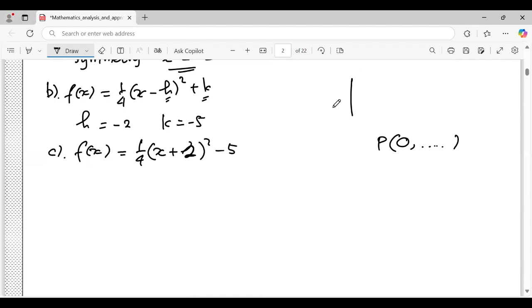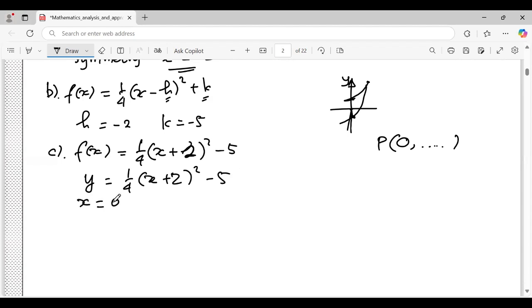This is the intercept point, okay, here, and here we are going to find the intercept point on the y-axis. So it is x equals 0. If x equals 0, this function we can write as 1/4 (x plus 2) squared minus 5.